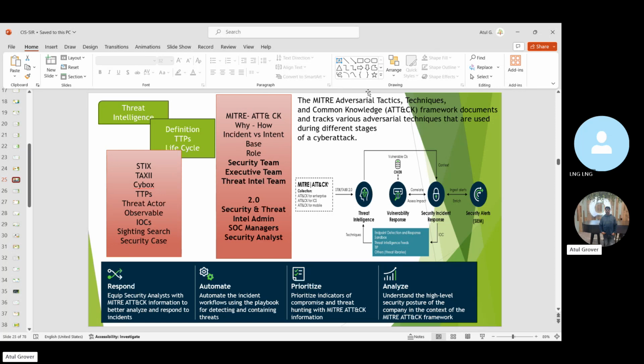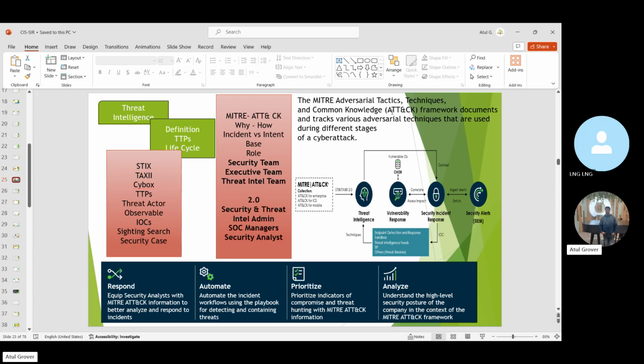It is called adversary. It means we are giving you advice, some tactics, some techniques, and some common knowledge, framework, and documents. If anything happens in your cyber part, in a cyber attack, you can follow this and work on that threat or cyber attack very easily, and it can be helpful to work on your issues or the incident on that particular part.